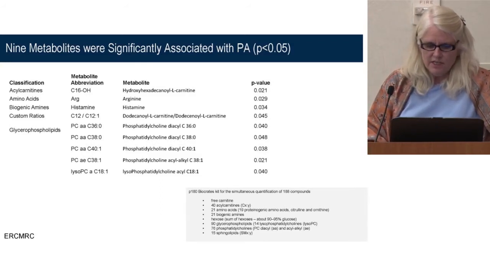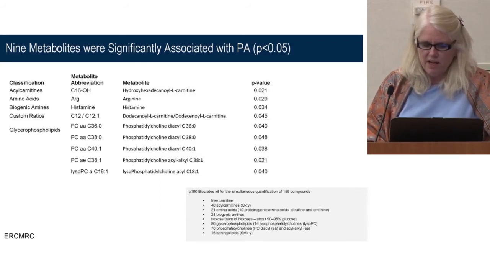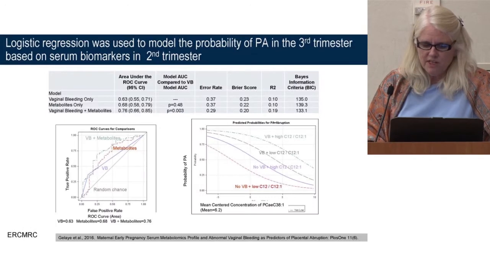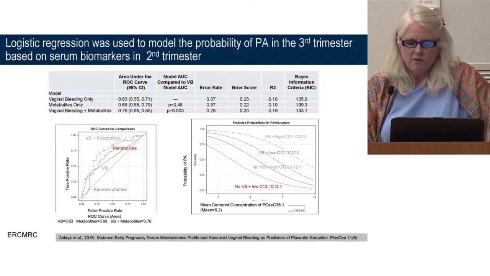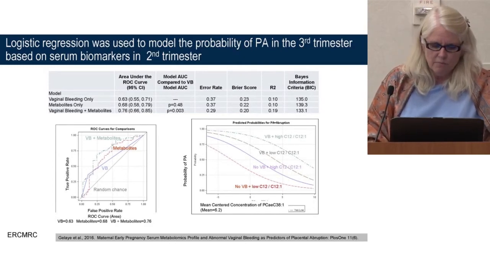And here you'll see the ones that were significantly different between the cases and the controls of placental abruption. And then that data was modeled by logistic regression modeling to determine the probability of a placental abruption in the third trimester based on the serum biomarkers in the second trimester.